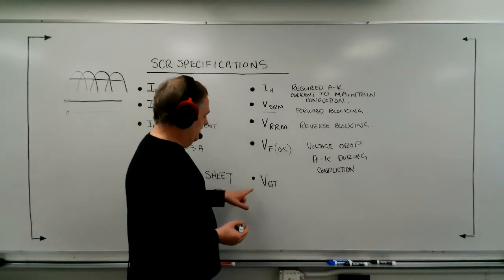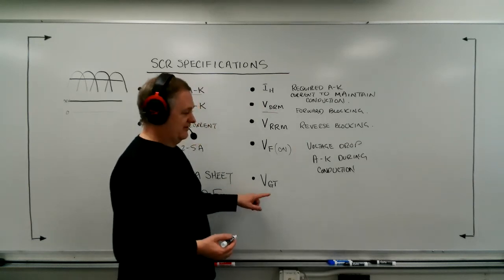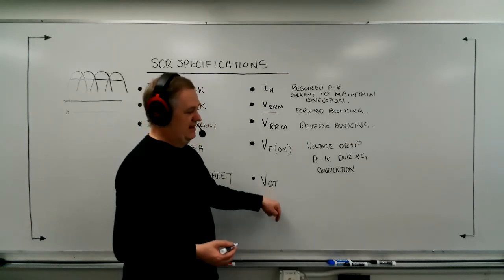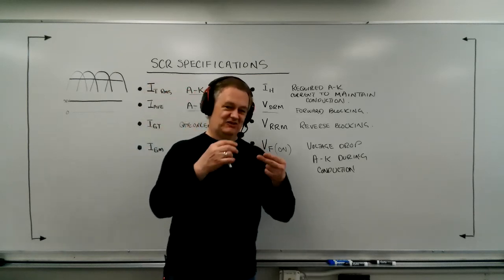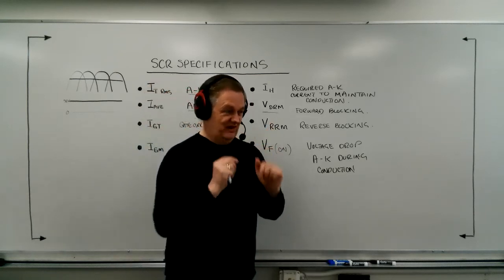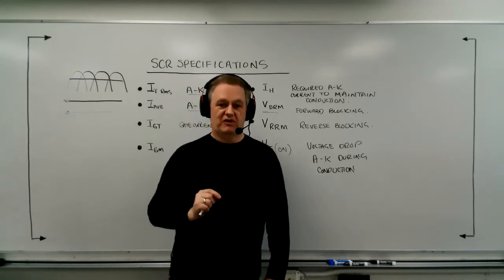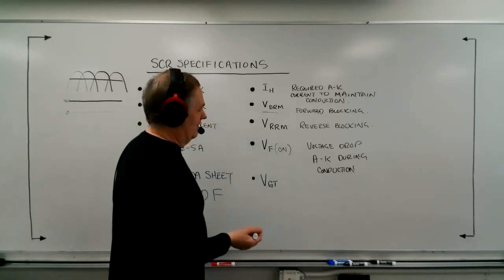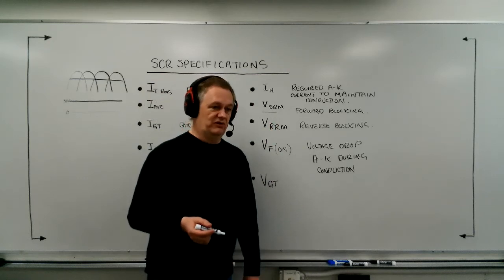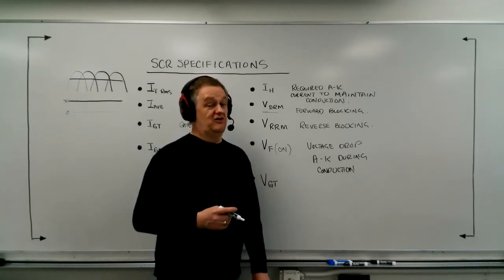Now this one, even though it seems like it's going just from the P layer to the N layer, it's a little complicated because there's actually two P layers connected together in there. And so the voltage is typically more than 0.7. Usually it can be 1.5 to 2.5, 3 volts, sometimes maybe even 4 volts on really large SCRs.